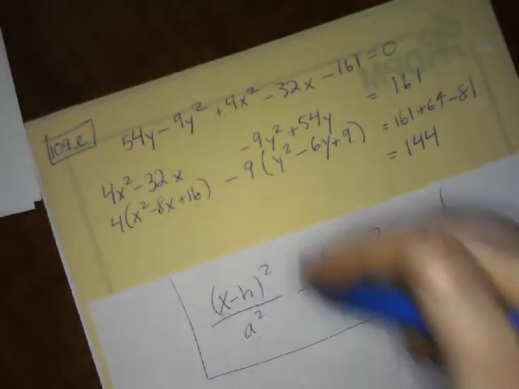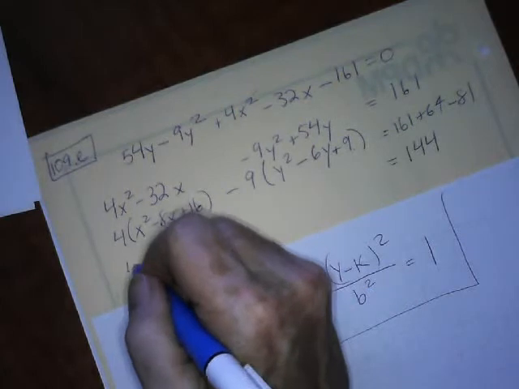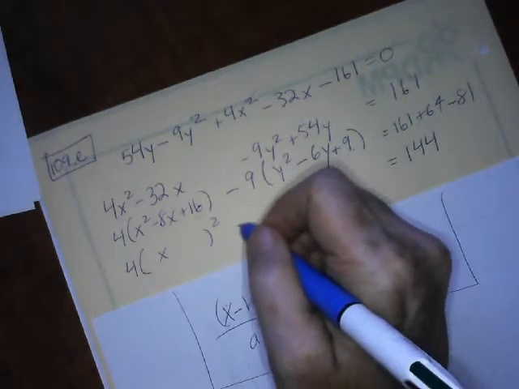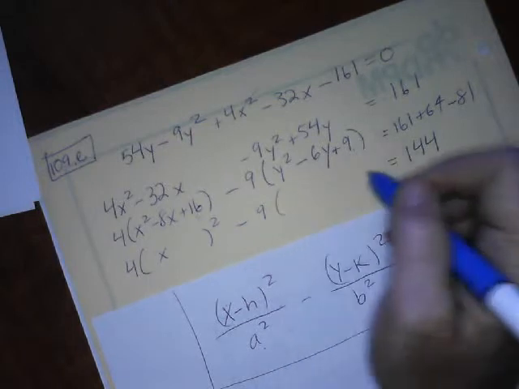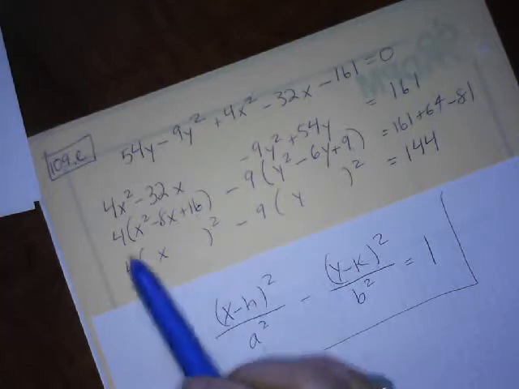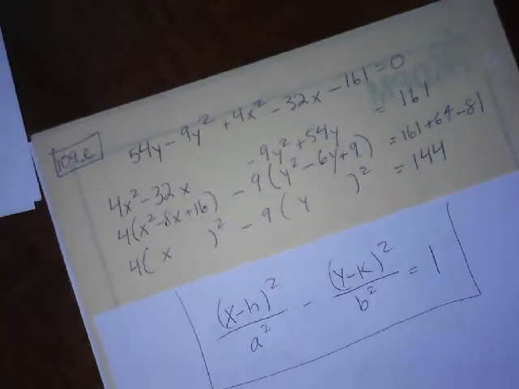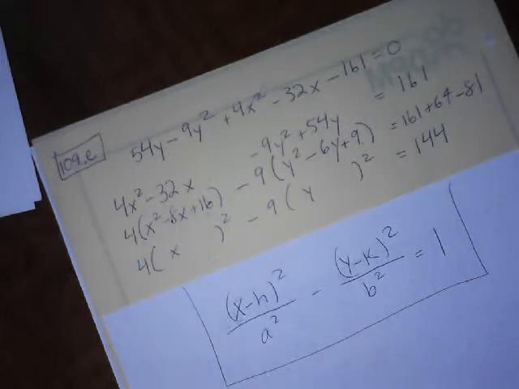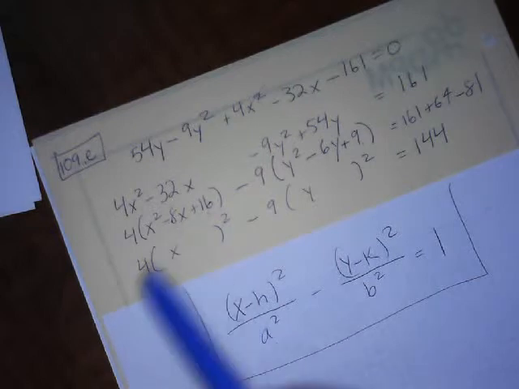Okay, so what happens with this mess right here? It's going to end up looking like this. So you guys might know a factoring pattern. This is a perfect square trinomial. So you can just take half of the coefficient of x and put it in there.